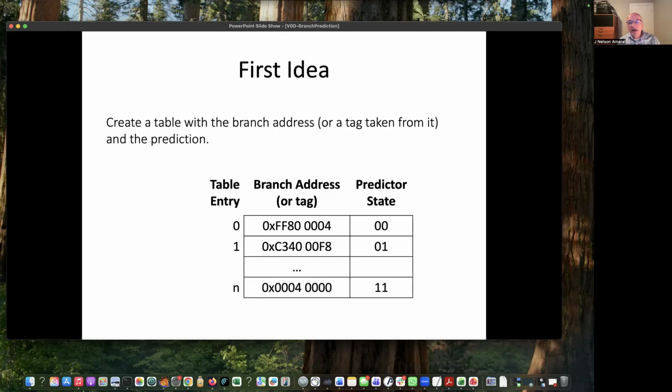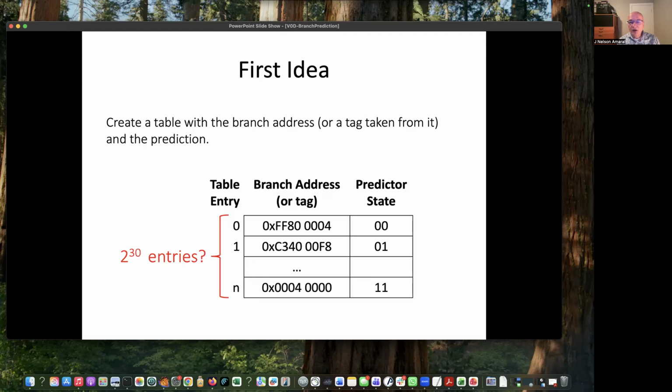In this case, I do not have many entries for the same instruction in this table. Therefore, my tag actually will be the entire branch address. So in this design, I have a number of entries in the table. I'm going to store the address of the instruction and the state of the predictor in this table. But let's think about this design for a little bit.